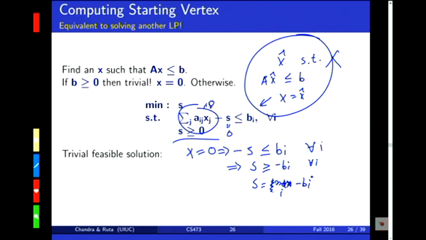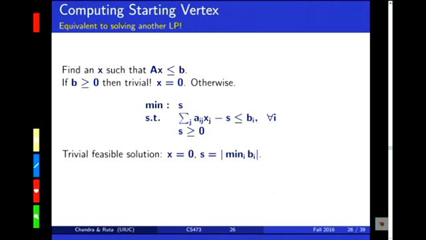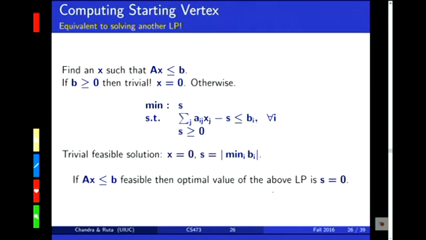So this LP has an obvious feasible point, and from a feasible point you can compute a feasible vertex. It's not difficult. You start moving in the direction of the objective function, you will hit a face, then from there you start moving again. Again, you do the same, you will hit a smaller dimensional face, and so on. You will compute a vertex. So you get a feasible point, from there you can compute a vertex, apply simplex on this, and you will find an optimum solution of this.